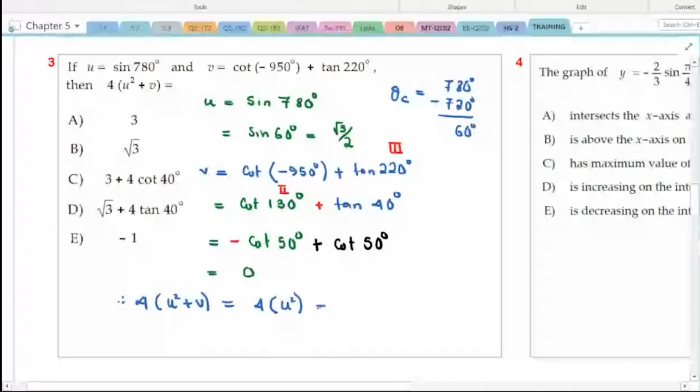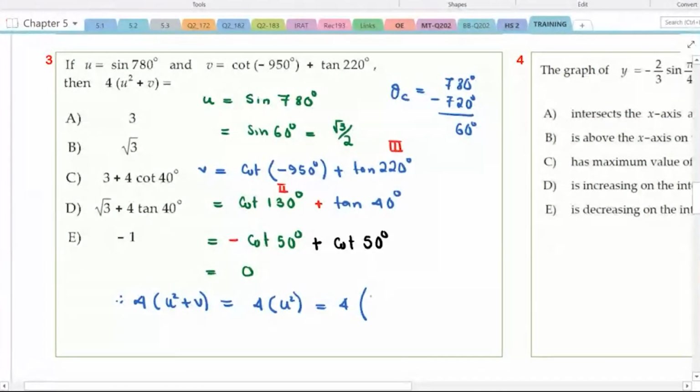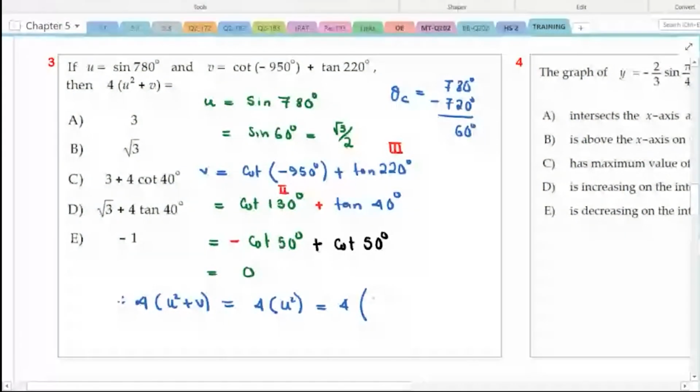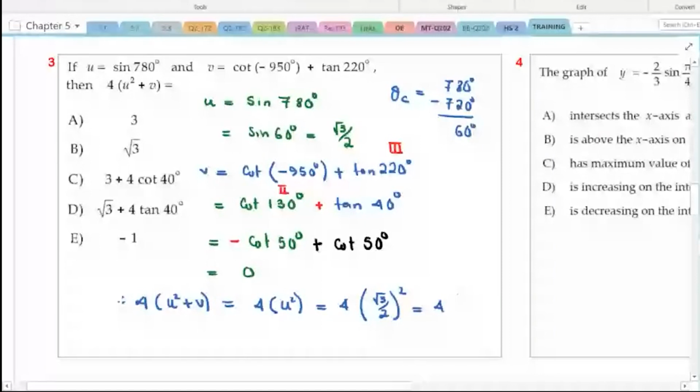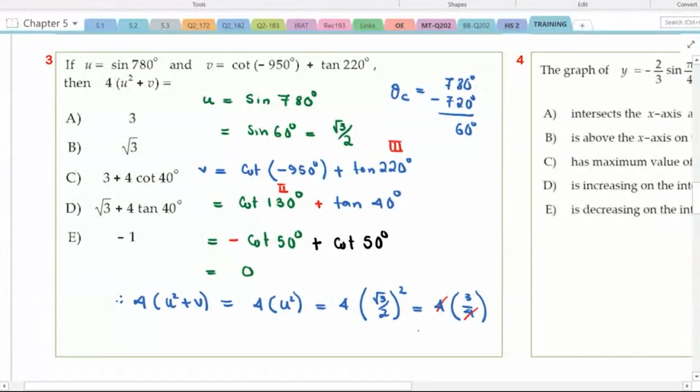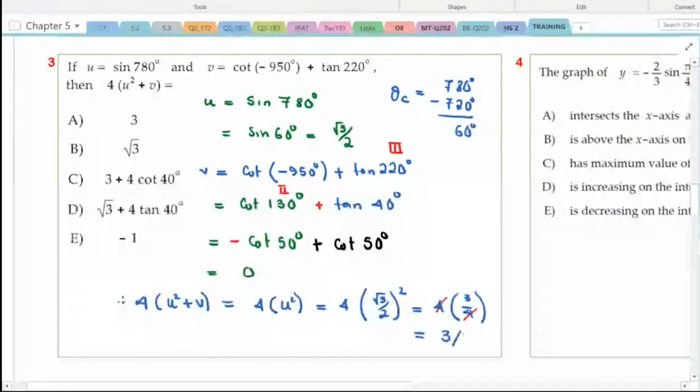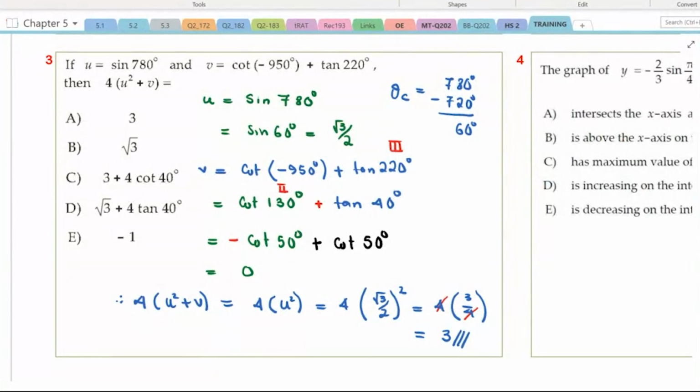So this is going to be equal to 4 into u, which is going to be root of 3 divided by 2, all squared. And that will be equal to 4 into 3 over 4. And gentlemen, 4 cancels with 4, and the result is going to be equal to 3. And that is our beautiful answer. I hope this is clear, gentlemen.